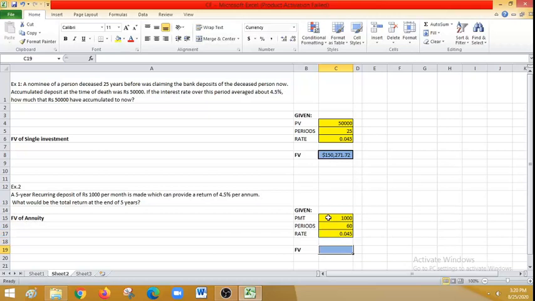So let me explain this problem with the inbuilt function equal to FV, open a bracket. So what is the rate? Rate I have already mentioned, it is 4.5%, but this 4.5% is per annum, right? So since it is per annum and we are having the problem that is payment is made every month, what we need to do is we have to divide the rate by 12.